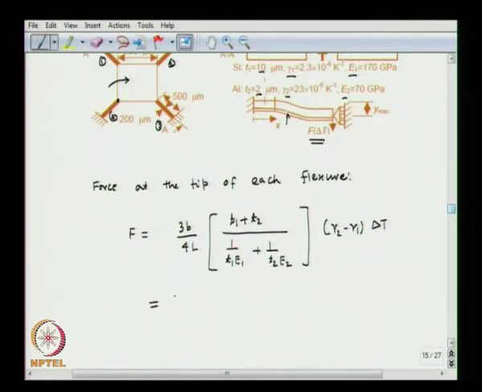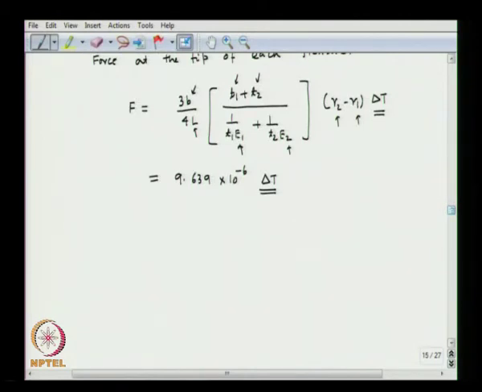So, if you plug in the values, we know the width of the flexure, length, thickness of both layers, we know 2 micron, 10 micron, E1 and E2 we know. And we also know gamma 2, gamma 1 and delta T. Delta T is 400 degree. So, we can find 9.639 into 10 to the power minus 6 into delta T. Okay. So, delta T is 400 minus 25 degree C.